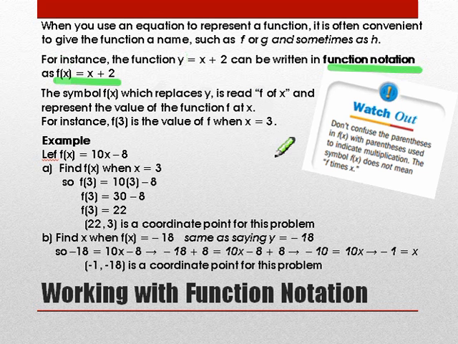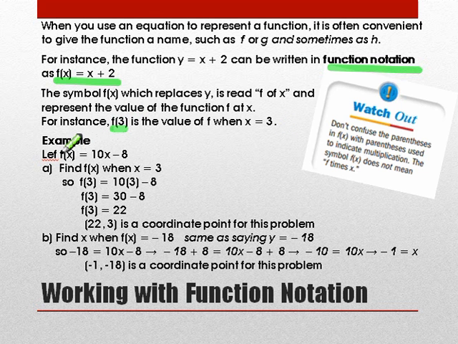When you see the f of x, it's just replacing the y, and it represents the value of the function at x. So when I write f of 3, all that means is x equals 3. If x equals 3, I put 3 in wherever I see an x. So that is the y value when x equals 3.